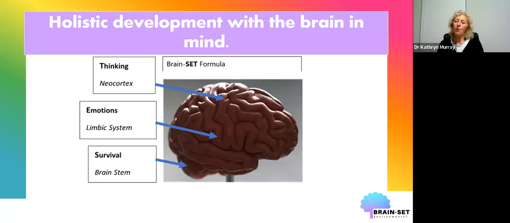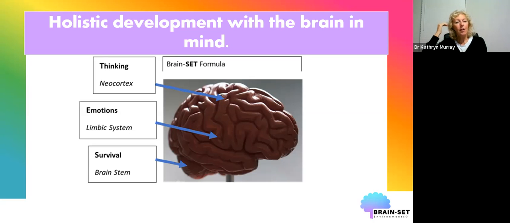So before we can move forward, we sort of have to have a little understanding of what's going on in the brain. So simplistically, I want to talk about the brain as really just having three levels. So if we imagine we have the brain stem at the base of our skull, and the brain stem, of course, connects our brain to our spinal cord.